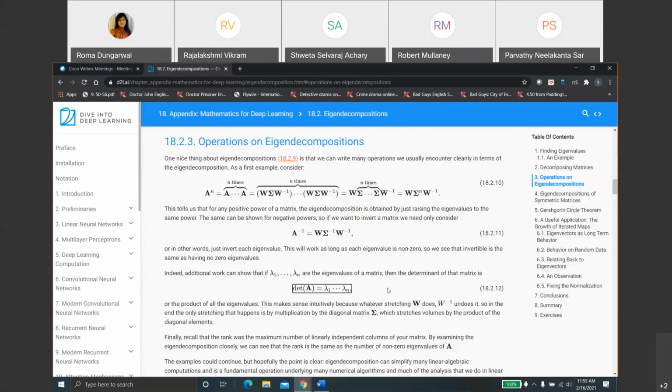For a 3x3 matrix, we saw what it was, A into determinant of a small 2x2 matrix, B into, and so on. So as the size of A increases, computing determinants becomes more and more complex. So if you have the eigenvalues for A, then you can just find the determinant by multiplying all the eigenvalues.